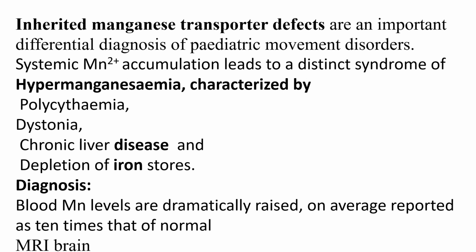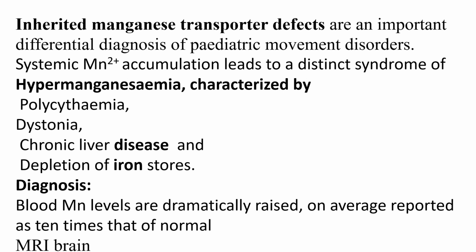Systemic manganese accumulation leads to distinct syndromes of hypermanganesemia, characterized by increased manganese levels, because when the transporters are not there, it accumulates within the body and leads to increased levels of manganese in the blood. It is characterized by polycythemia, dystonia, chronic liver disease, and depletion of iron stores.